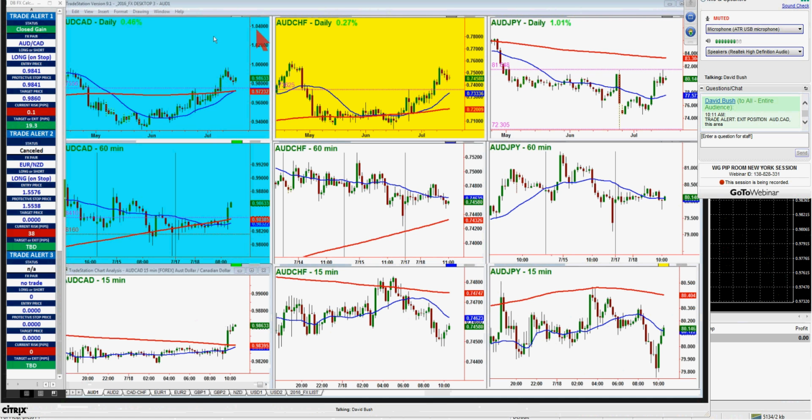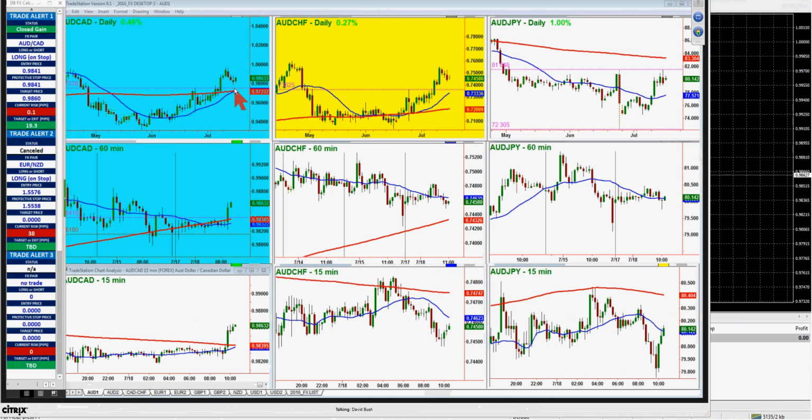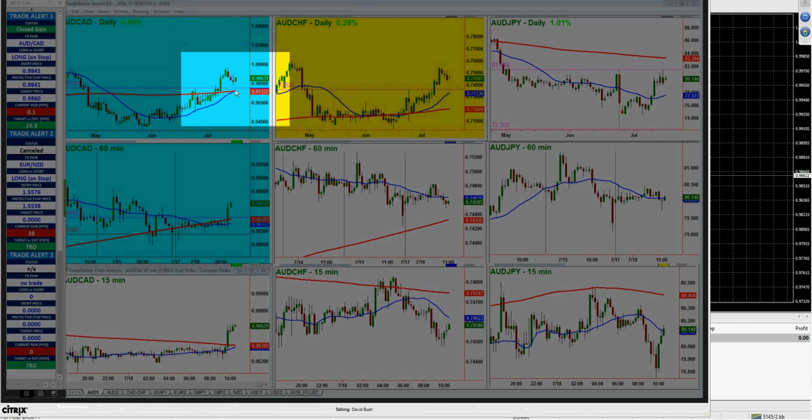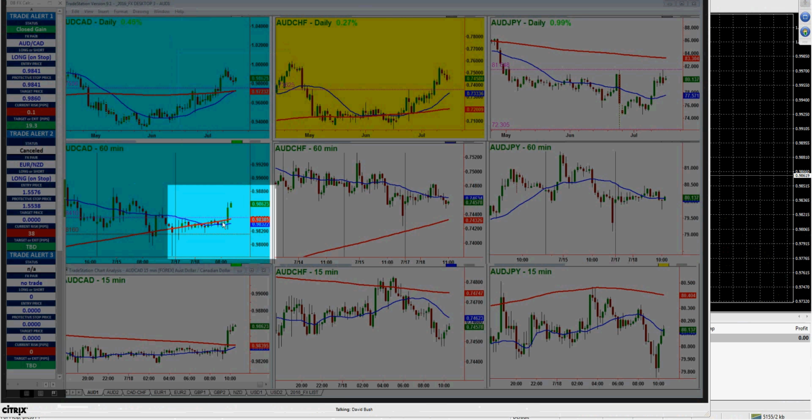The best of worlds is to find a swing setup, like this very nice pullback towards support in AUD CAD, and then look for an intraday base or other setup. This happens to be a sideways base, and that in itself could be a purely intraday trade base. And there's the breakout, and boom, there's a trade.